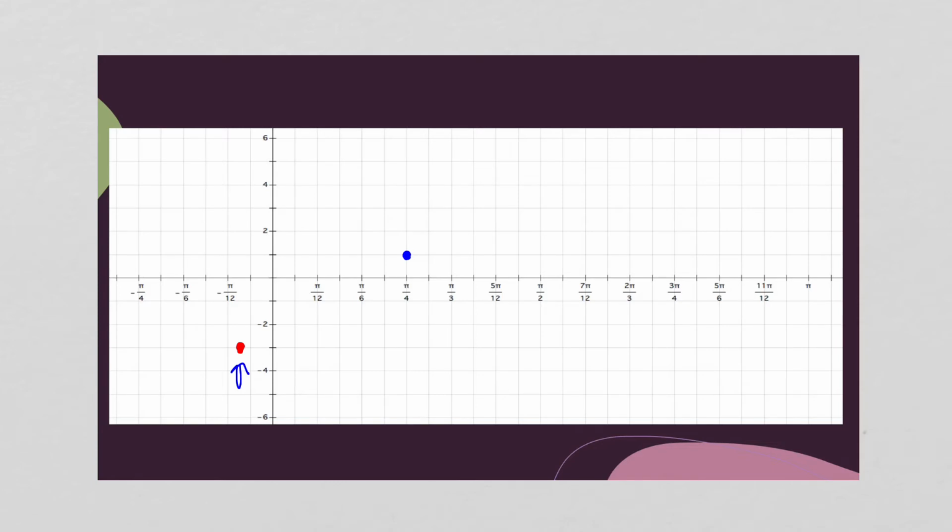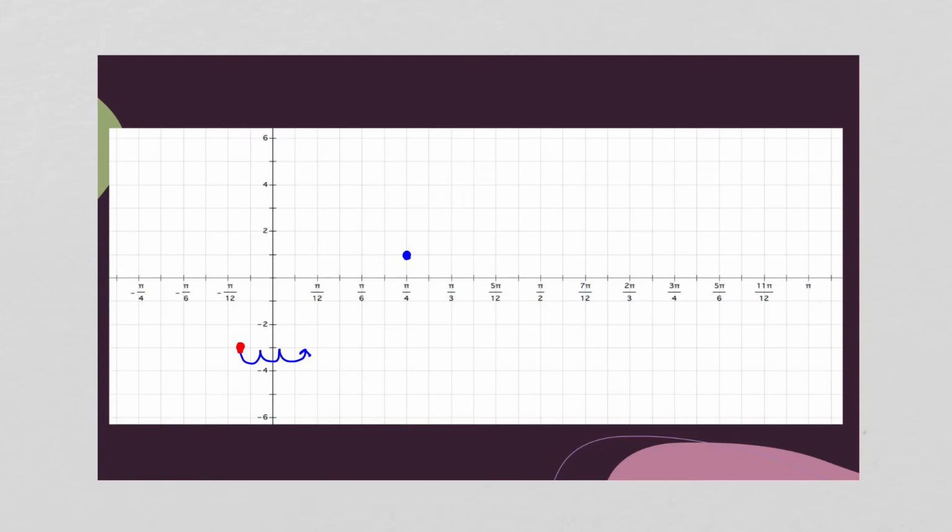Well, what does pi over 8 look like? There's pi over 4, so pi over 8 is halfway. So pi over 8 would be 1, 2, 3 units on our graph, right? So that means our x value is going to be 1, 2, 3 units from our first point.